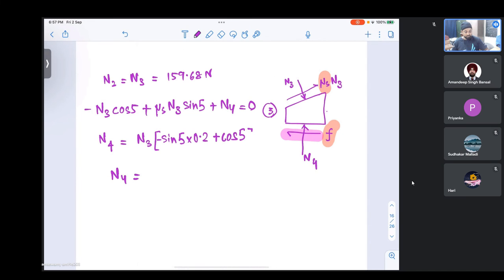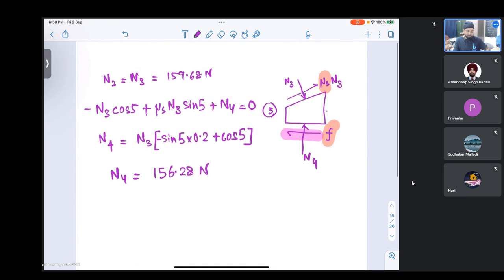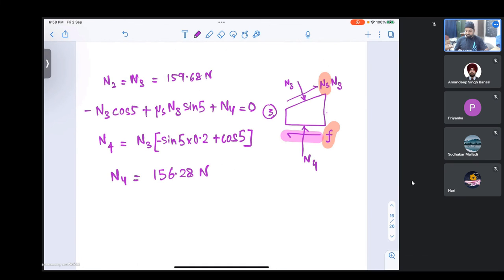Yeah, I had written it the other way around. I'm sorry about that. So it is 0.97 times of this. So it comes to 156. I figured out it was wrong because I was getting a negative value, which is not possible here. So N4 we are getting as 156 newtons.